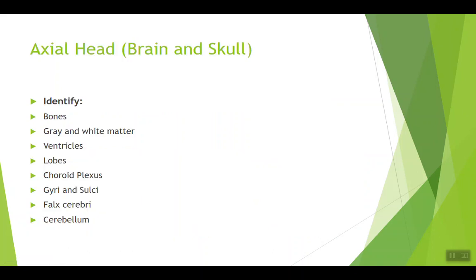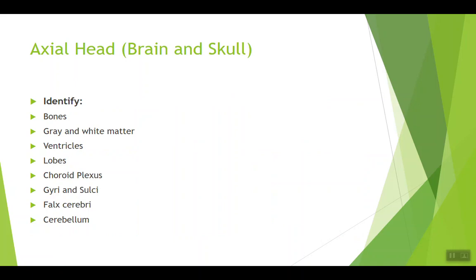Okay, let's go on to head. So axial. Here's some stuff that I would like you to get out of this. I'm going to bring up some images that show you what I think is helpful for you to identify. Just throwing you out to clinical without a little bit of cross-section would put you at a disadvantage. But if you have some cross-section under your belt, when you first start doing easy things like head scans and chest scans and dry bellies, at least you'll be able to recognize the common stuff.